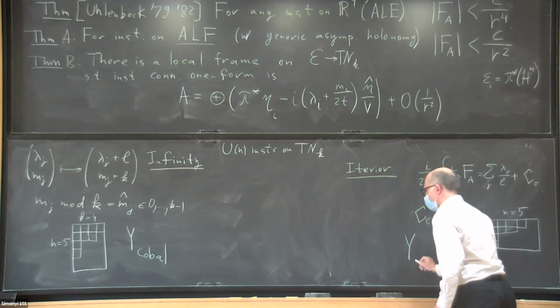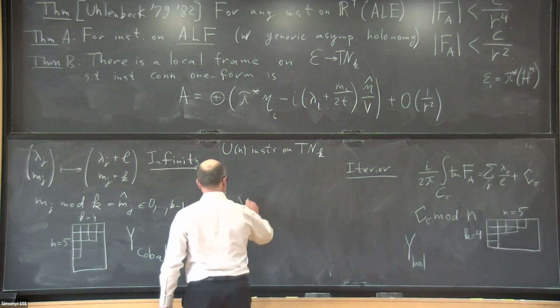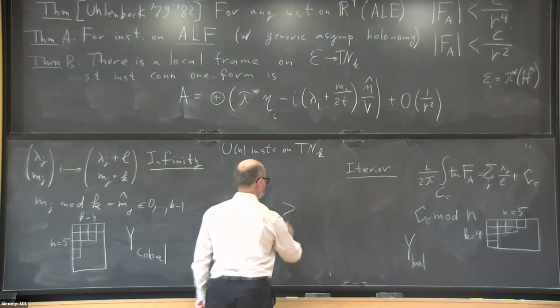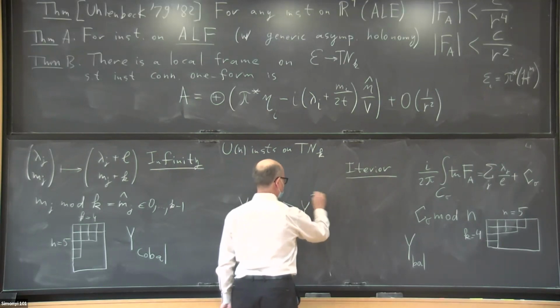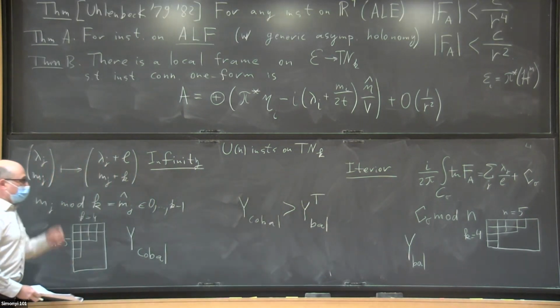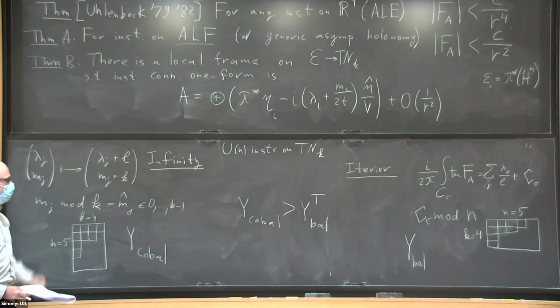This is what I'll call Y balanced. And in whatever you test, the relation between the two will be that one is greater than the other's transpose. And all of them will relate to the bow in a second.